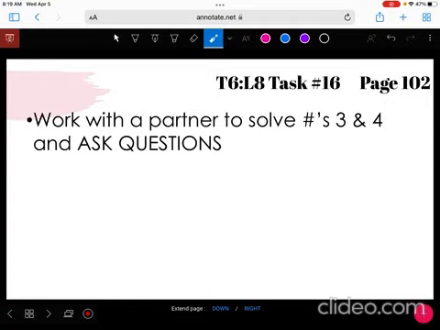Neither one of those is factorable. See if we can figure out what to do.